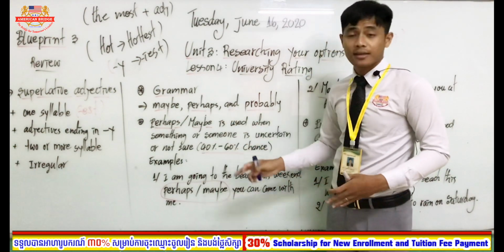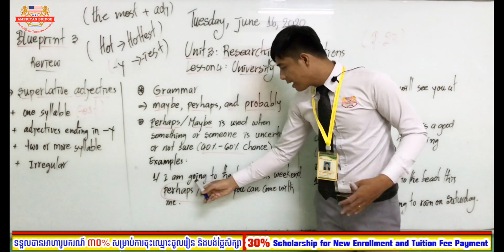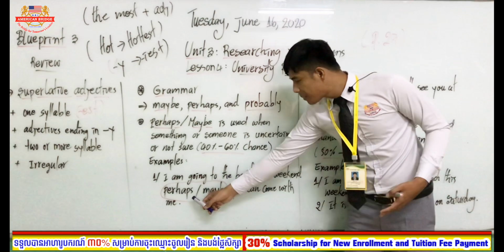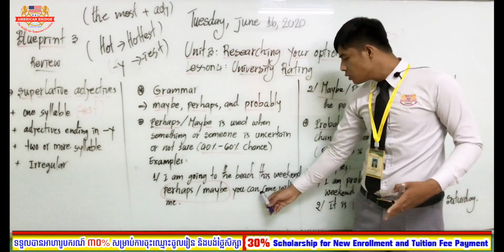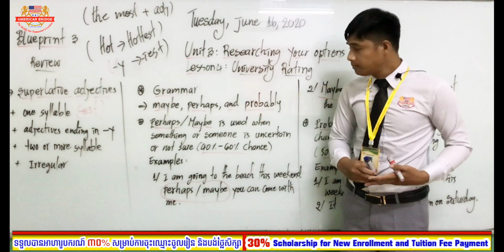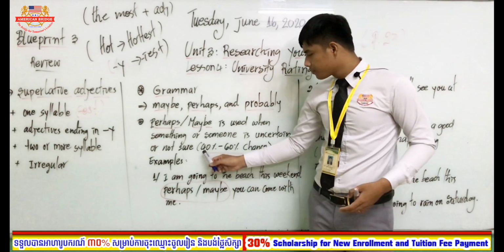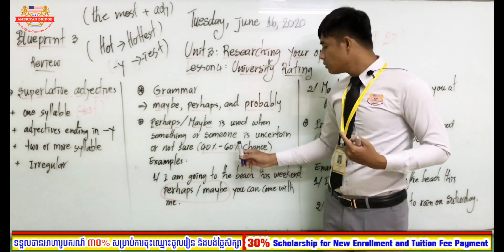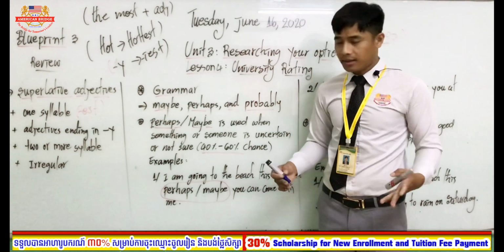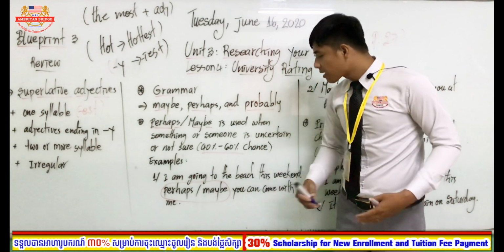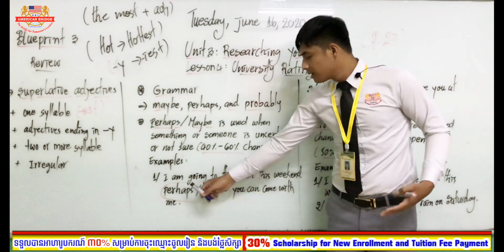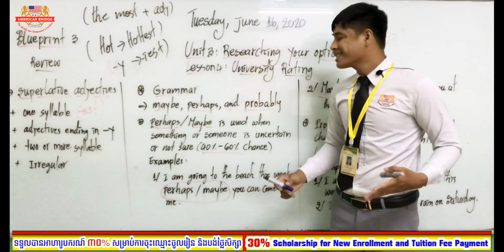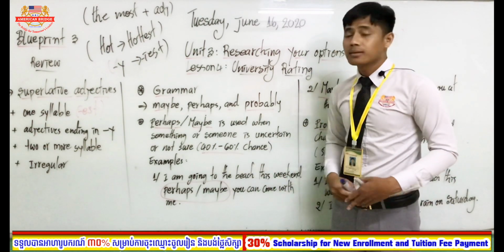Look at an example together to make sure we catch this point well. I am going to the beach this weekend. Perhaps, maybe you can come with me. The chance that it happens is only 40 to 60% that you will come with me.